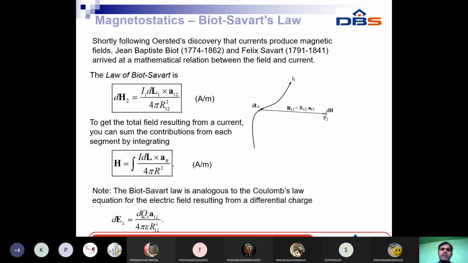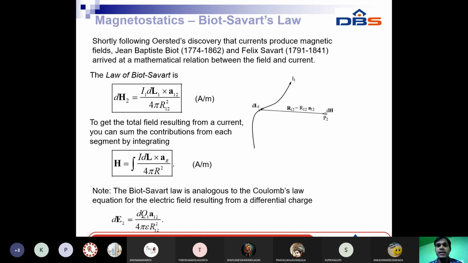See here, Biot-Savart law importance. With the help of the Biot-Savart law, I want to calculate the magnetic field intensity and magnetic flux density. And we have one more alternative law in magnetostatics, Ampere's circuital law. These two are very important laws in magnetostatics.